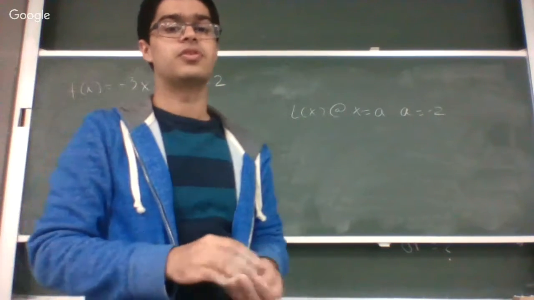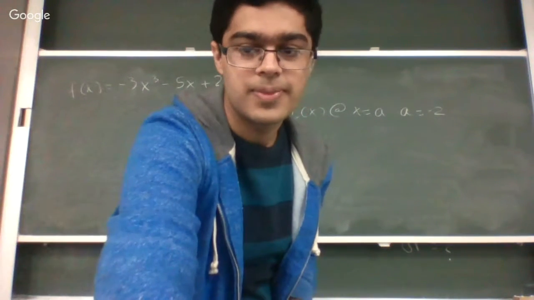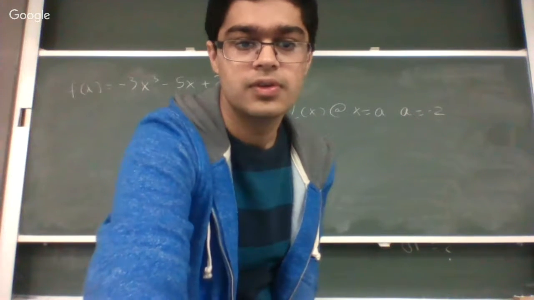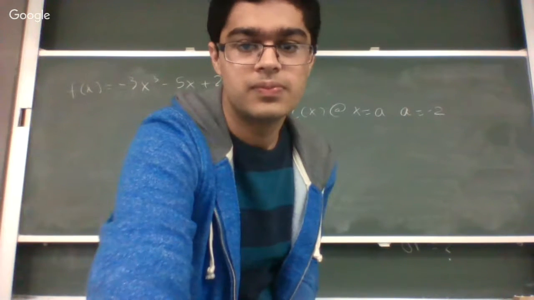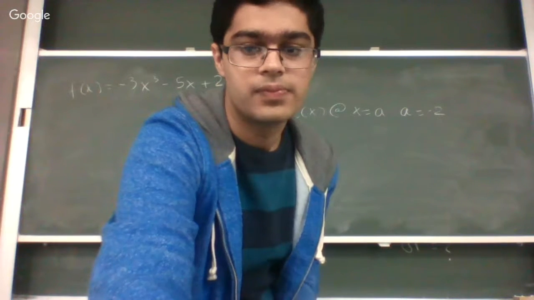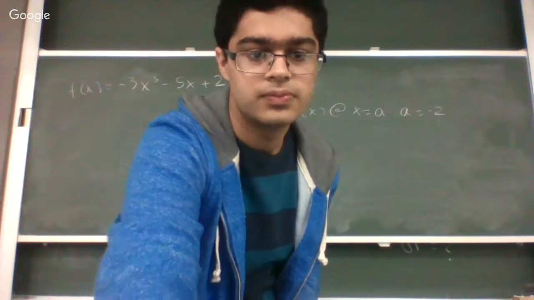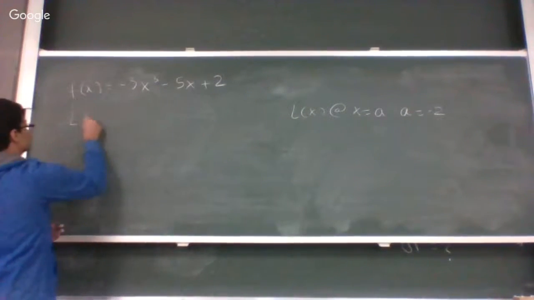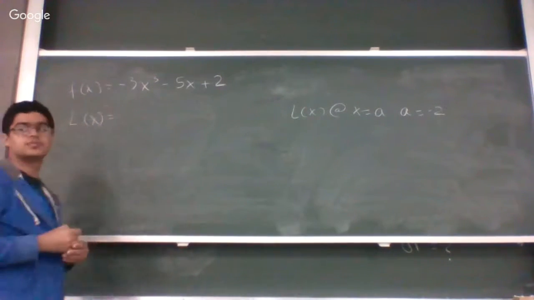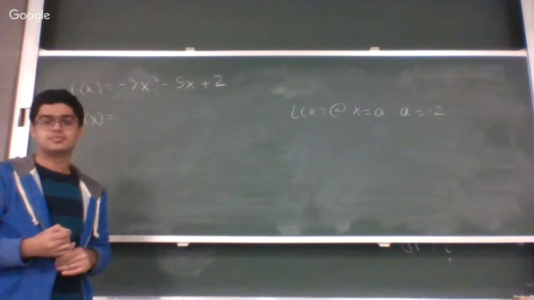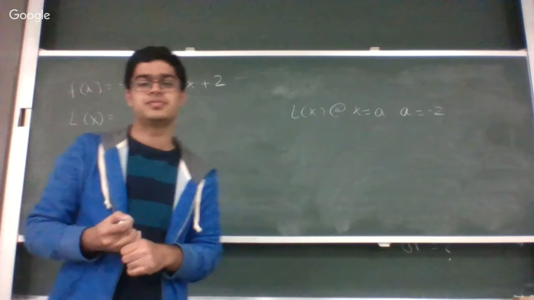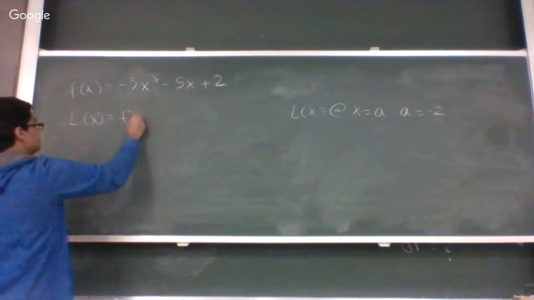What's the formula for linearization? f of a plus f prime of a times x minus a. There you go, Brian. Say that again, guys. f of a, plus f prime of a, times x minus a.